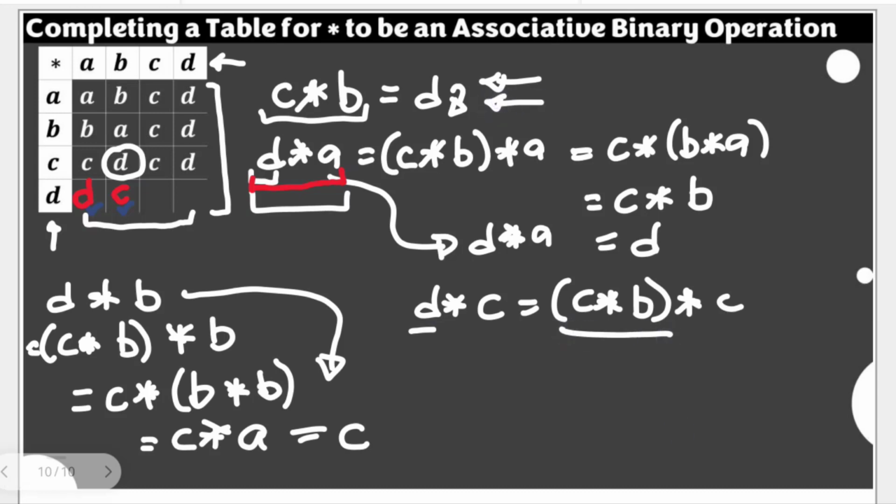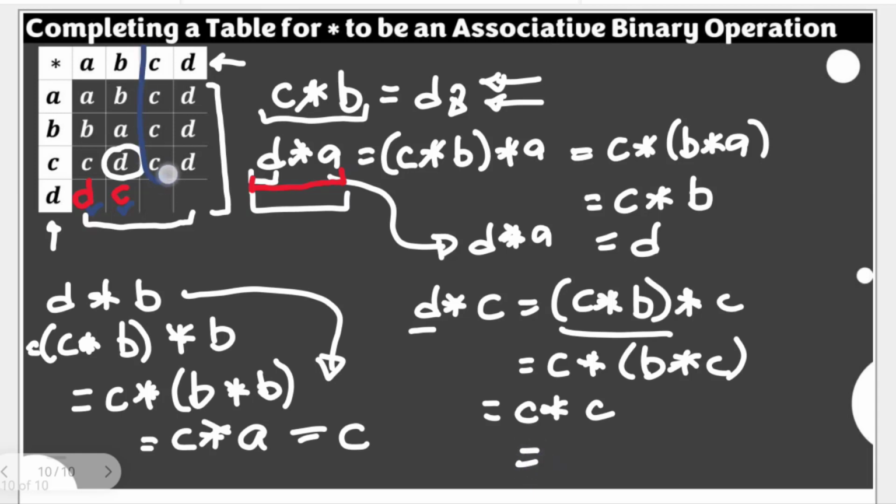Then, regrouping that, C star B star C. B star C, so you have B star C is C. So this is just C star C, which gives us the result for C star C, C and C. This is the result. So C star C is just equal to C, and that's the result for D star C as well.